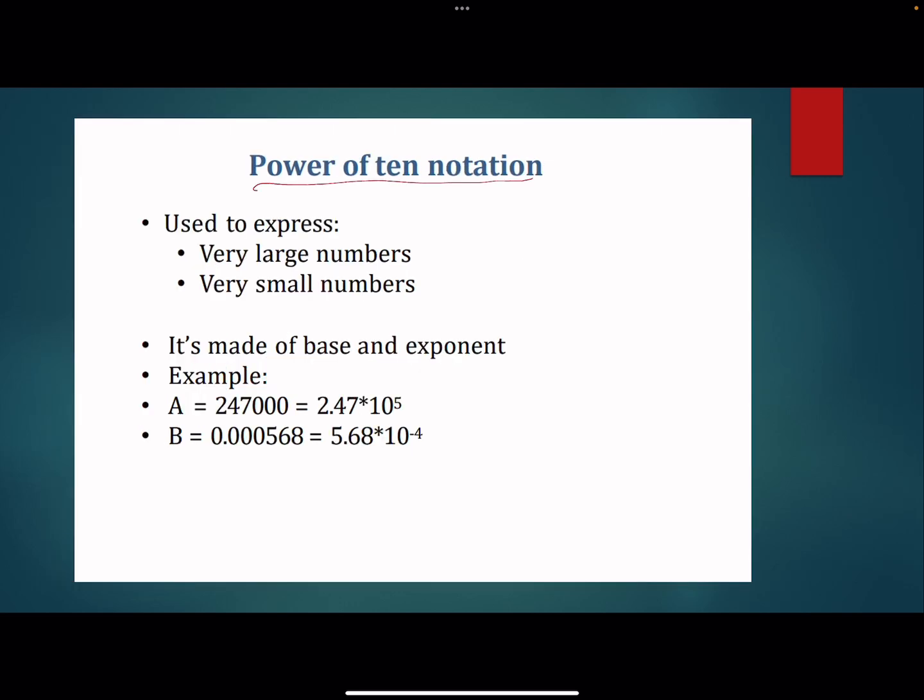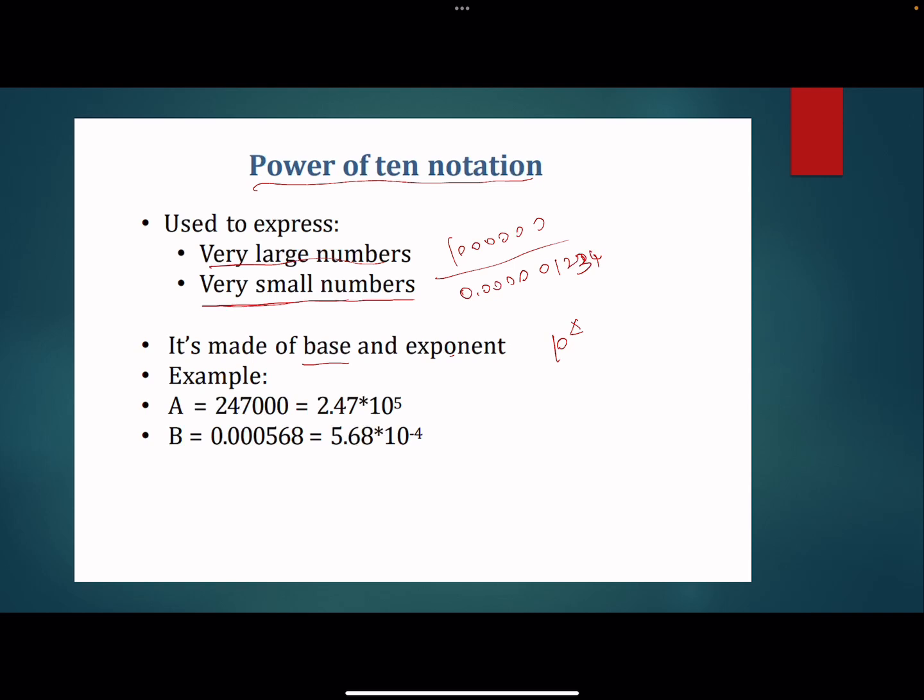The power of 10 notation is used to express very large numbers and very small numbers. If we have a number like this, we can write it in power of 10 notation. And also if we have a very small number like 0.000000123, we can also write it in power of 10 notation. It's made of a base and an exponent. So this is base 10 and the exponent is something.